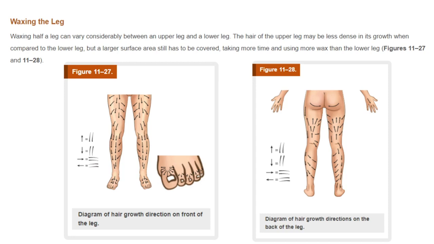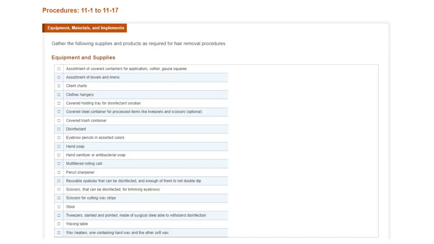Diagram of hair growth direction on front of the leg. Figure 11.28. Diagram of hair growth directions on the back of the leg. Perform Procedure 11-17, leg waxing with soft wax. Procedures 11-1 to 11-17.